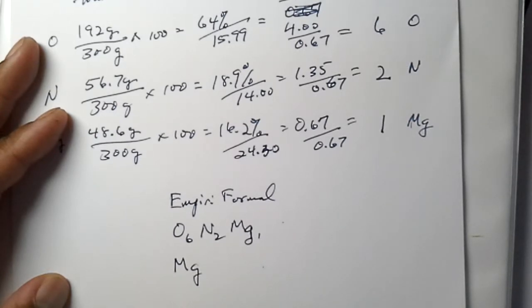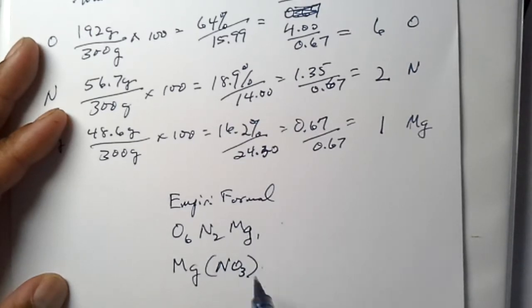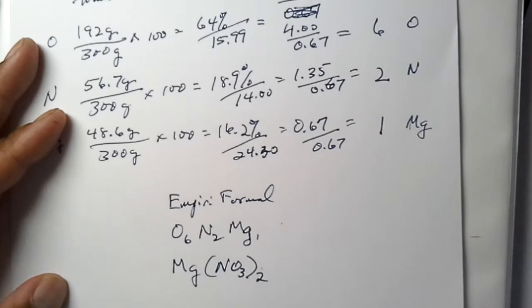Our positive cations always go first in the formula, followed by our non-metal anions, and in this case nitrogen and oxygen are bound covalently, and the whole compound now is magnesium nitrate. We have 6 oxygens, 2 nitrogens, and 1 magnesium.